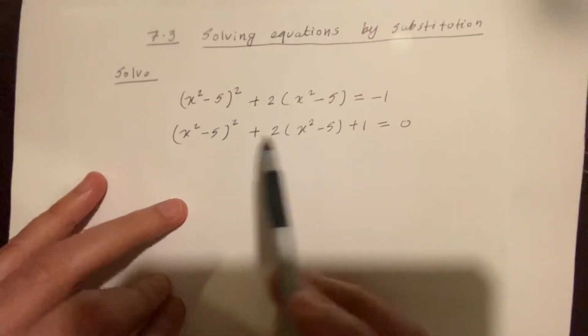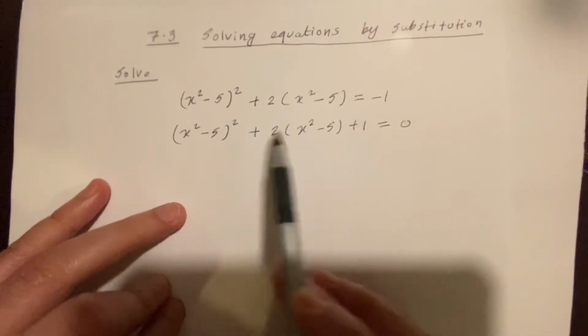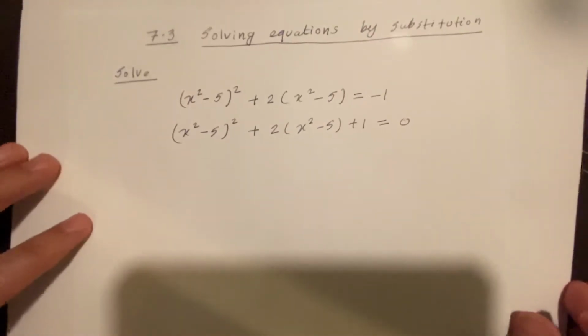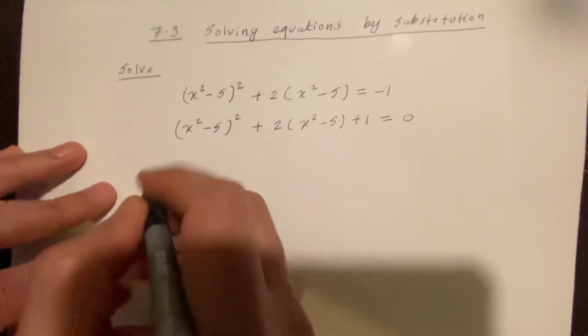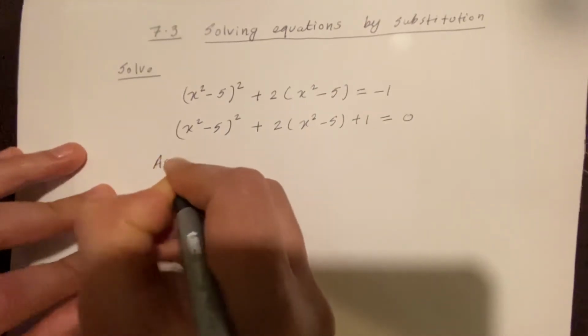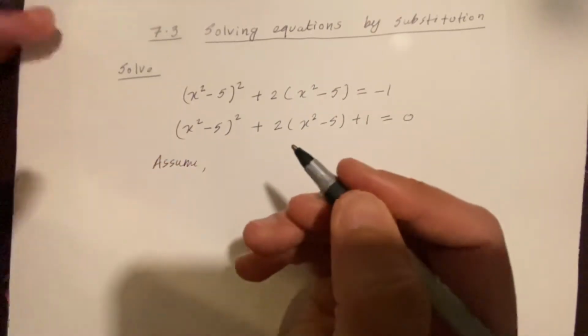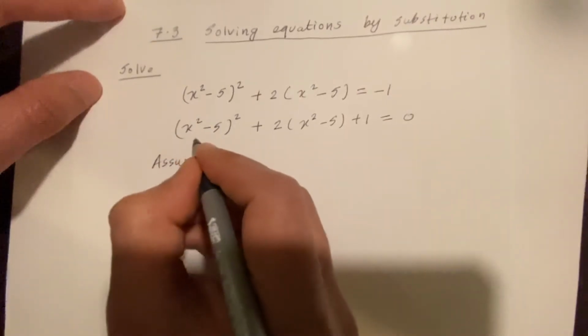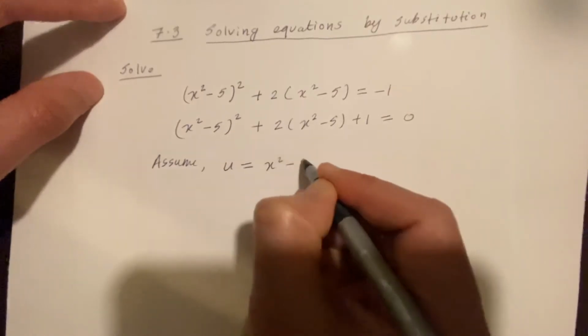Now the idea is, if you notice, these two, x squared minus 5 and x squared minus 5, are the same. So let's assume some variable, let's say u equals x squared minus 5.